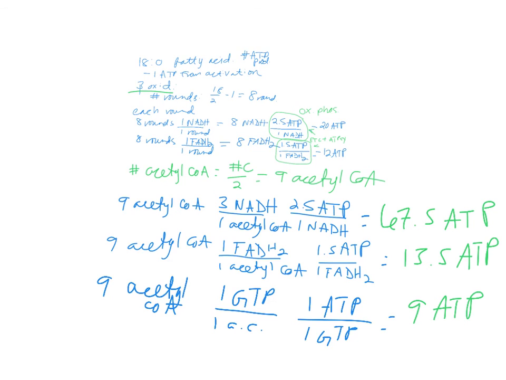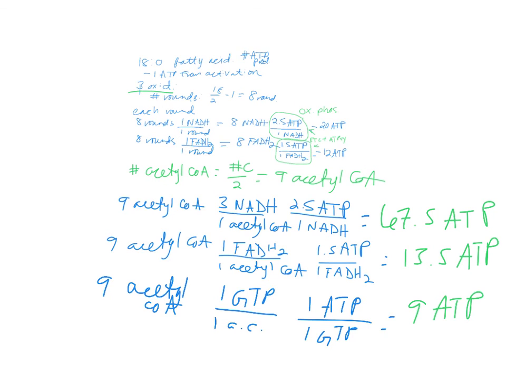Okay, so in order to find the total number of ATPs, you're just going to add them all up. So I have, let's see, 9 plus 13.5 plus 67.5 plus 12 plus 20. Did I miss any? Oh, minus 1.